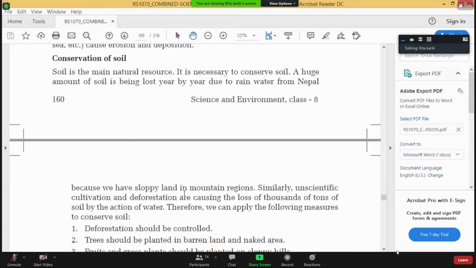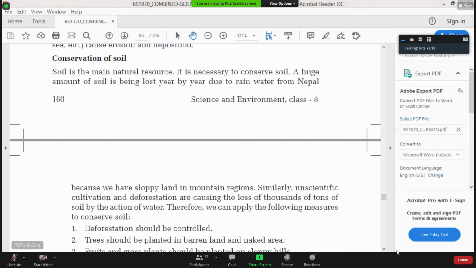That causes loss of fertility of the agricultural land, and it also causes deterioration in the production of agricultural crops, which causes several types of disadvantages for the larger number of organisms present in different places in our country.